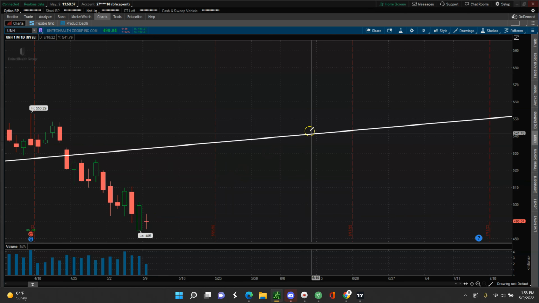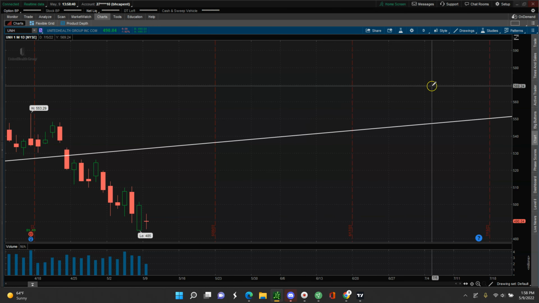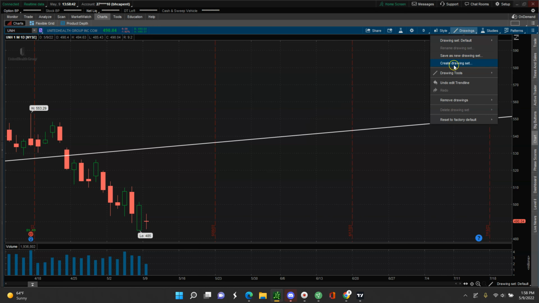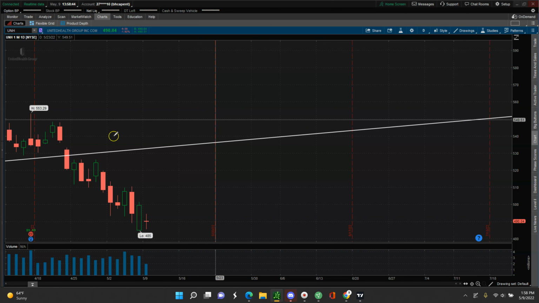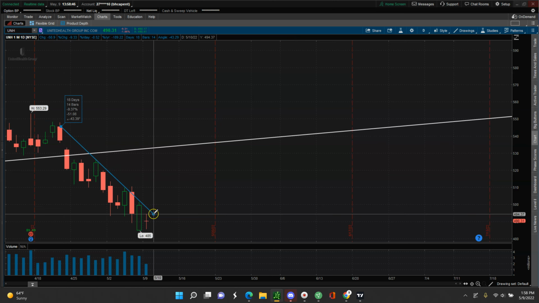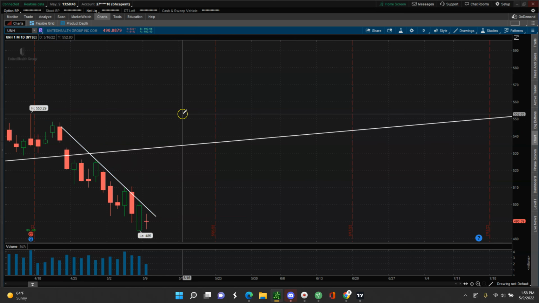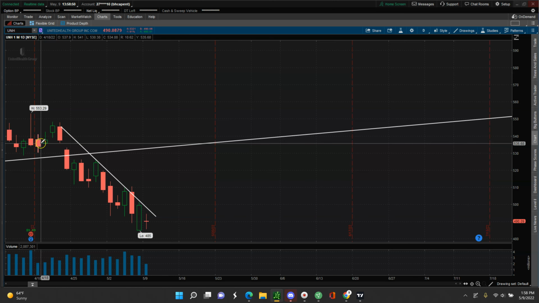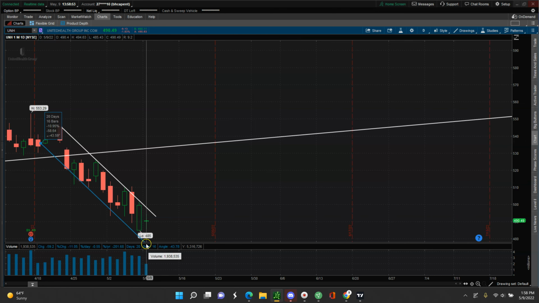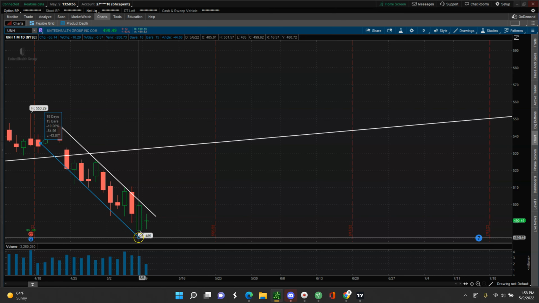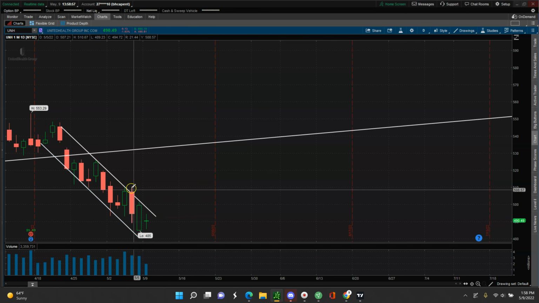Matter of fact, let me just draw a trend line just to keep in sync with what I was doing on the previous time frame. So, a nice little bearish channel here on the daily chart.